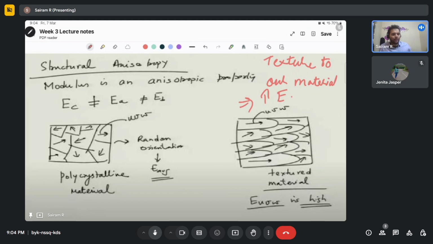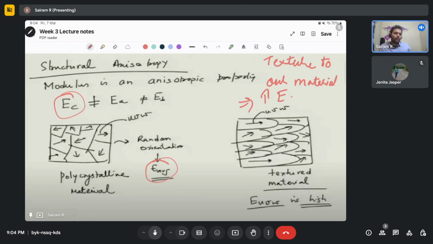Elastic modulus is an anisotropic property and a fourth rank tensor as well. So the modulus is not going to be the same along the A direction or the same along the B direction. And if it is randomly oriented in a polycrystalline material, what we get is the E average from all directions.